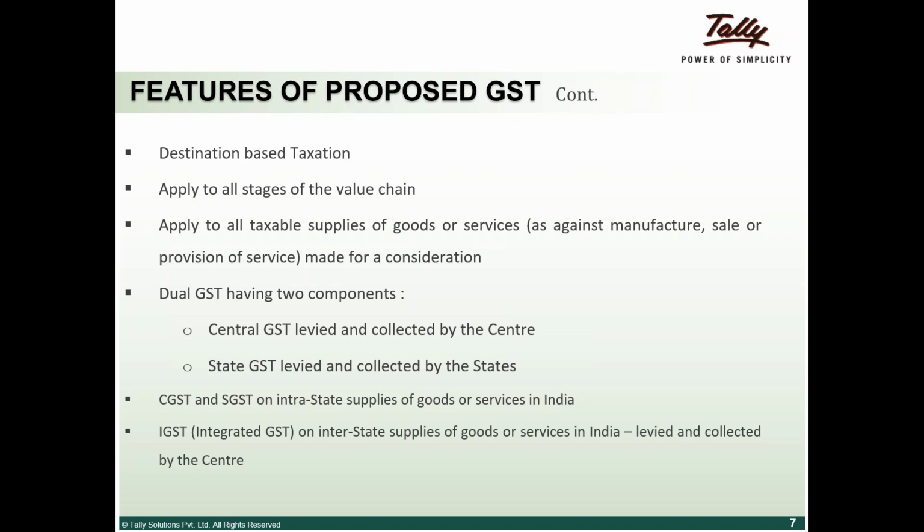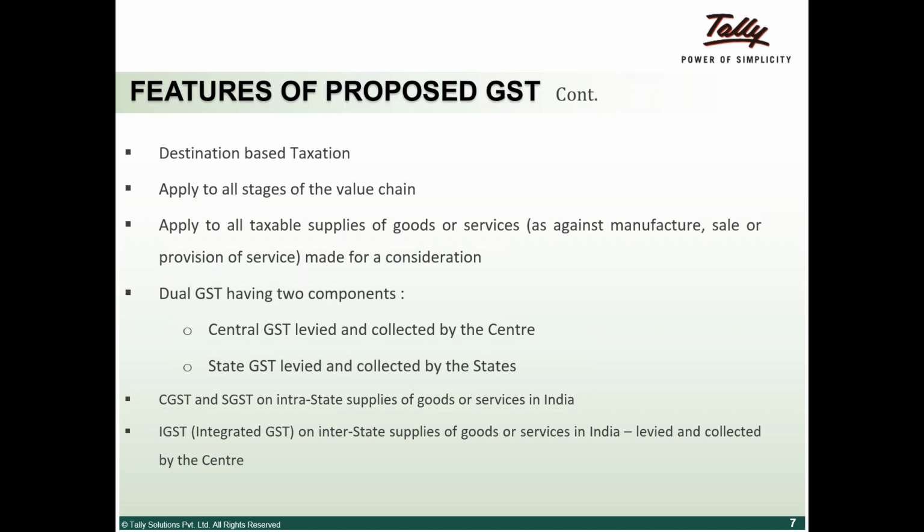That is something that as a country, as taxpayers, or as Tally, where we go and talk to customers or even partners, we are pretty clear that these are the two big things we need to be aware of. It is based on supply and based on destination. So wherever the material or the service gets consumed, that's where the tax incidence is.